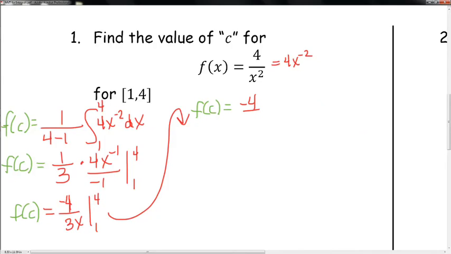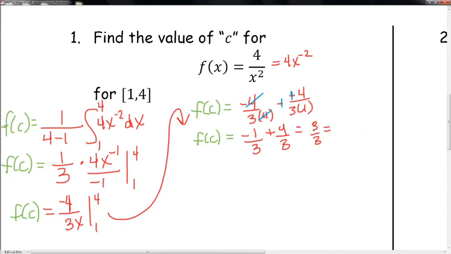So I'm left with negative 4 over 3 times 4 minus negative 4 over 3 times 1. Your 4's are going to cancel. These become positive. And so this gives me 3 over 3, which is equal to 1.